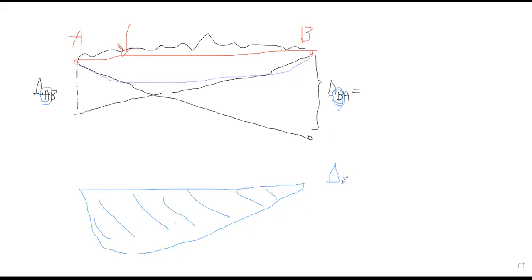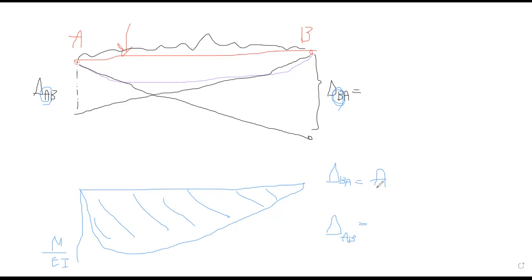Even if you take delta BA or delta AB, the total area is the same. This is the M over EI diagram. We will later consider the sign convention.